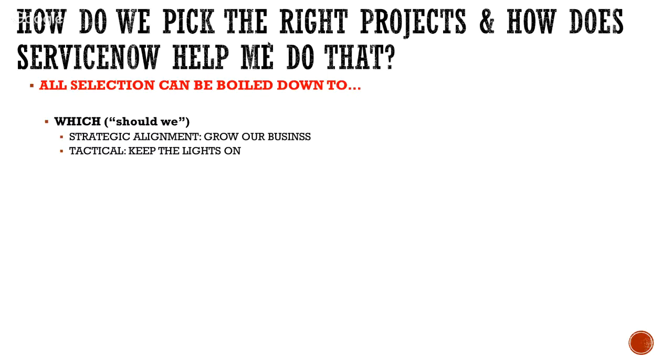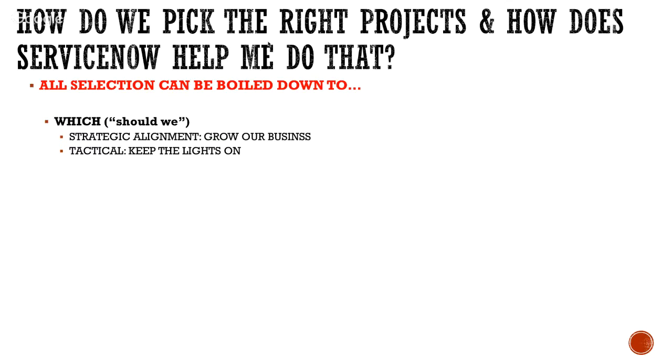So strategic alignment is the vision of who we want to become is X, Y, Z. These projects are closely aligned to those objectives, so they would have a strong strategic alignment. Tactical examples would be, hey, if we lose this account, we're going out of business. So it's really important that we do this project.